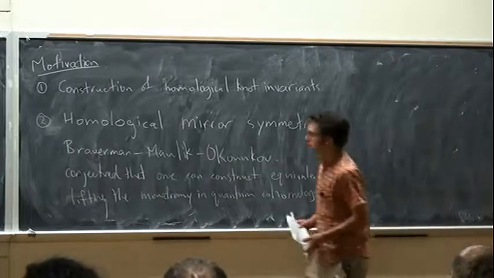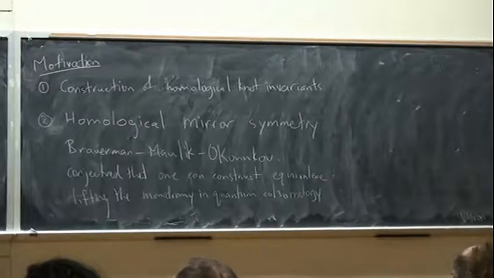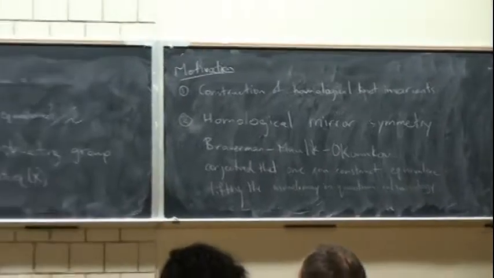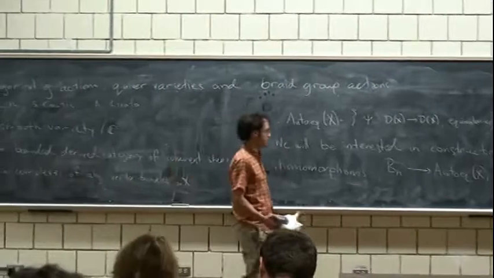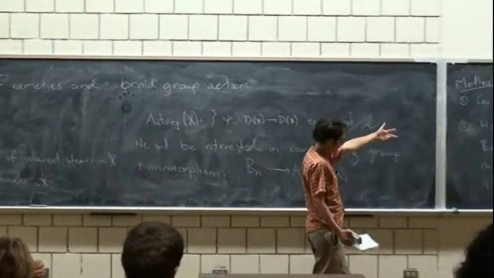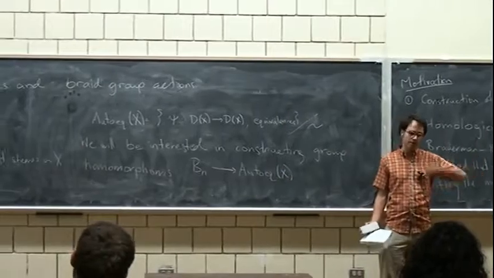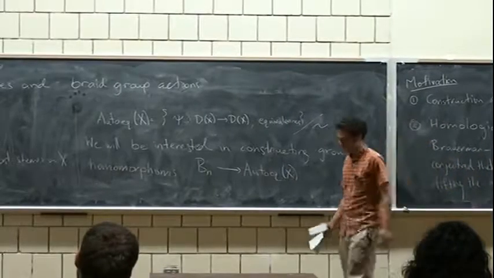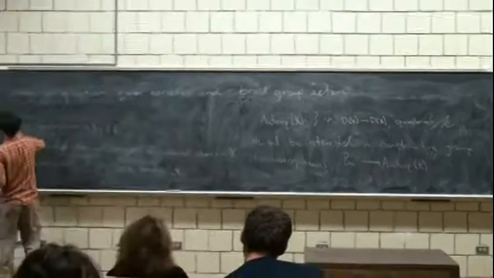As I say, this is how I'm motivating this talk: we're interested in constructing braid group actions on these derived categories of coherent sheaves, for these reasons. In order to construct these braid group actions, we're going to use the two categories that we heard about at the beginning of this conference from Misha and Aaron.